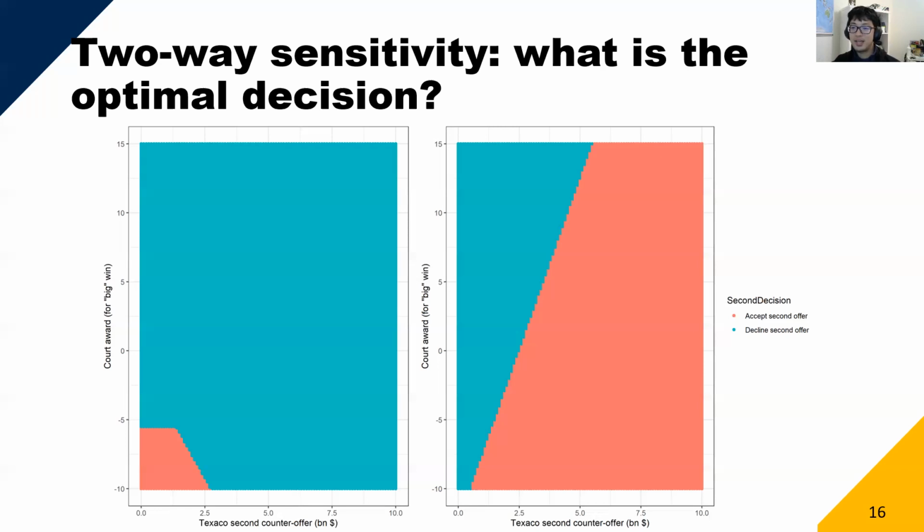There's one dominant decision, and that can help your decision-making process, instead of just relying on, hey, if this value were this and this value were this. Now I can see over the whole range of values that it still makes sense for me to choose one strategy most of the time.